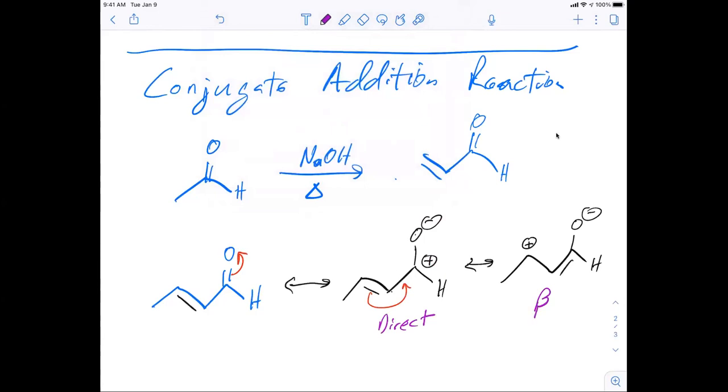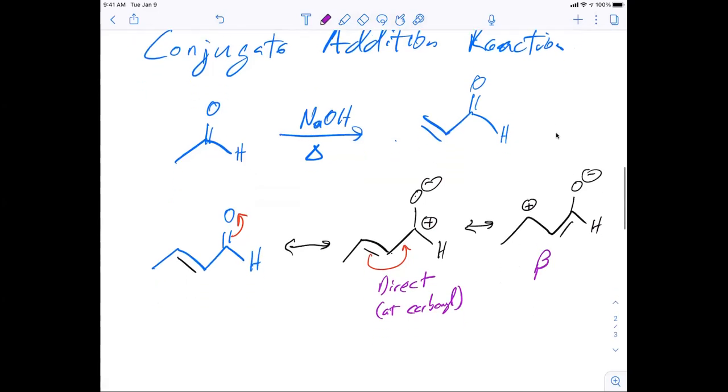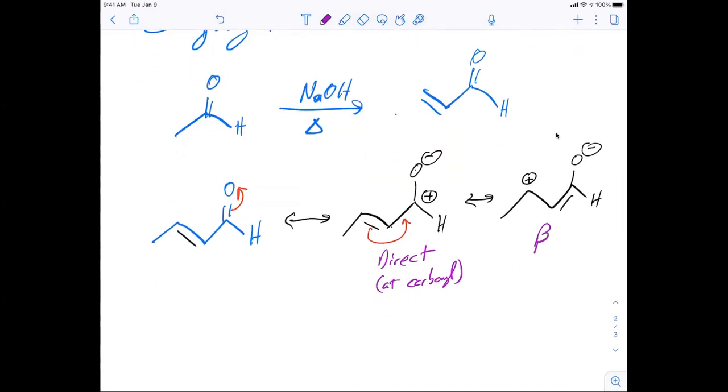If we look here, we usually refer to this as direct because it's at the carbonyl. And there's a partial positive there, or positive, because this is all resonance contributor. And then we have one at the beta position. So we actually have two potential electrophilic additions if we had a nucleophile to attack this.